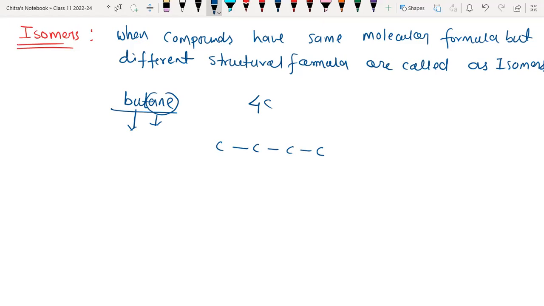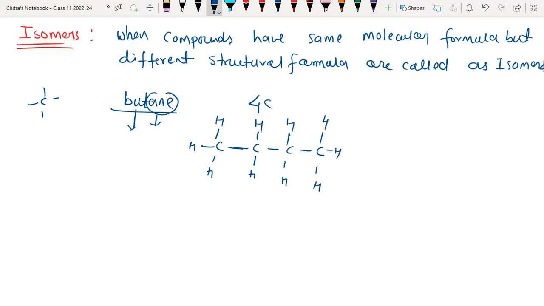But carbon has valency 4, meaning carbon is going to form 4 bonds. So in order to fulfill the valency, we have to combine hydrogen atoms here. The first carbon is forming 3 hydrogen bonds and 1 carbon bond, so its valency is fulfilled. But the center carbon has 2 bonds only, so we will require 2 more bonds. So here we have CH2, here also CH2, here CH3.